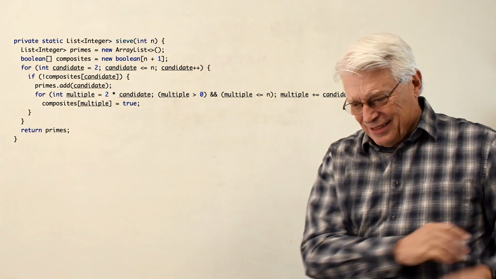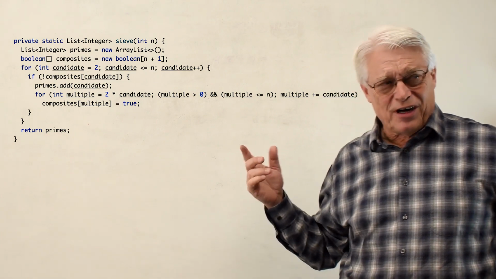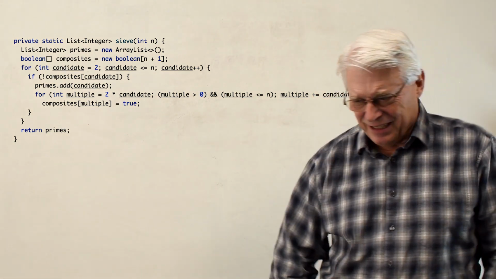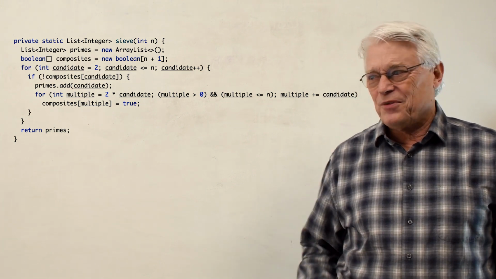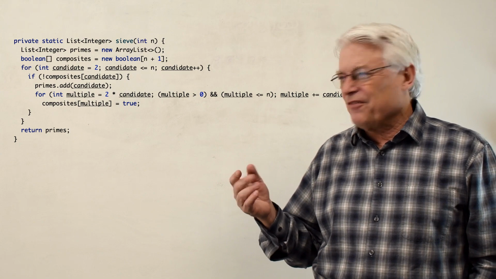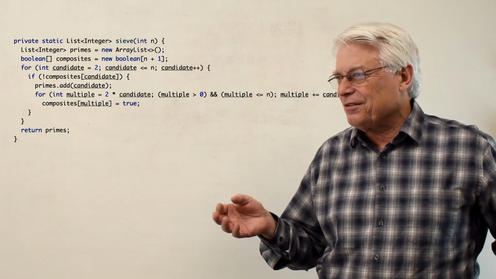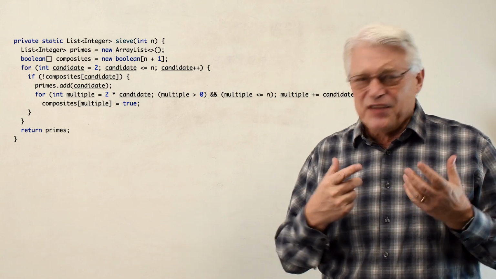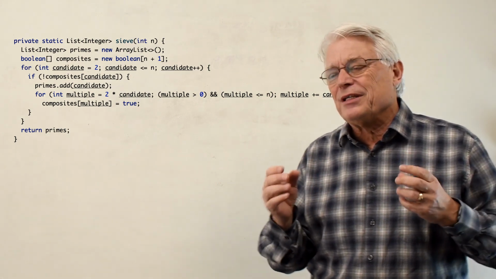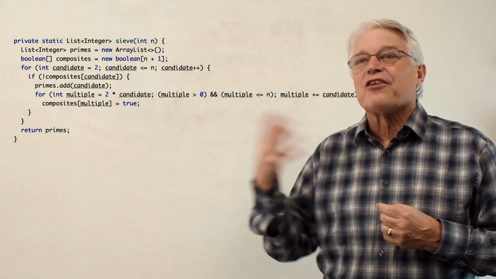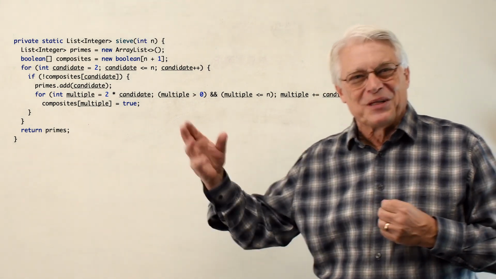Yeah, so here's our algorithm so far, and you look at the outer loop, and you can see that it increments from 2 up to n by 1, which means it's going to test every even number. Now, the only even prime is 2, so that's kind of a waste. What we could do instead is, after 2, we could increment by 2 so that we were testing only odd numbers.